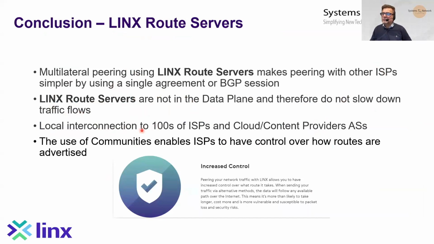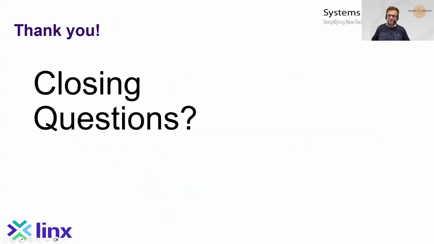The local interconnection, therefore, of hundreds of ISPs and cloud content providers gives you high performance, great connectivity with lots of redundancies in your connections, and the use of communities enables you to control exactly how you as an ISP, as you as a member, want to distribute your routes to the other peers.